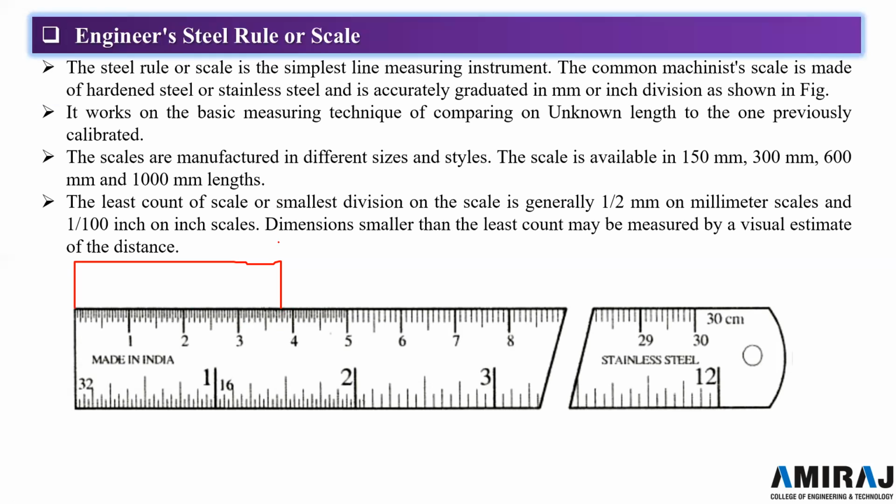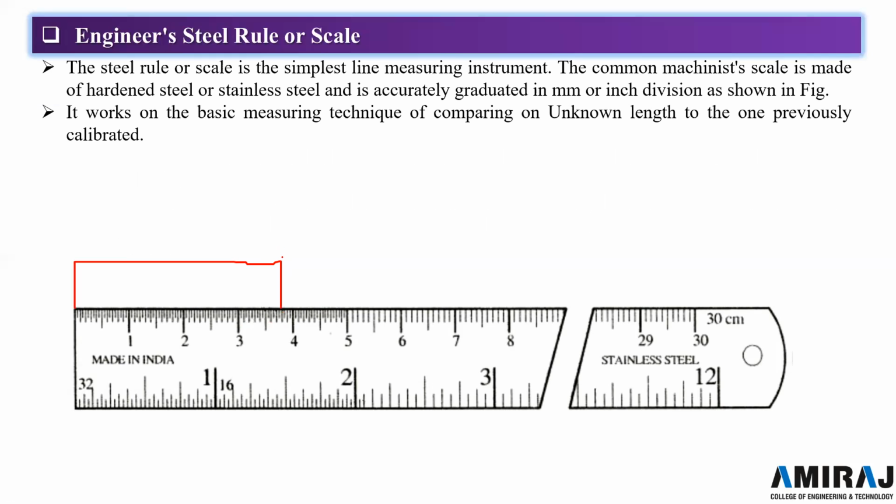But suppose the observer is viewing from here, then he will get the exact view. But if the observer is viewing from this direction, he will be viewing a certainly different point. Due to parallax error he will measure a different reading. This is called parallax error, and it is possible with the direct type of measurement.